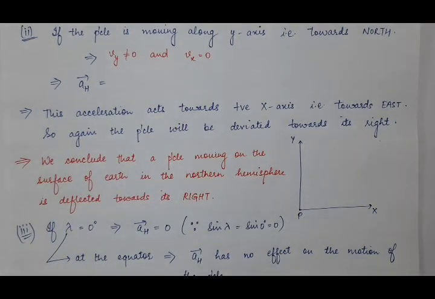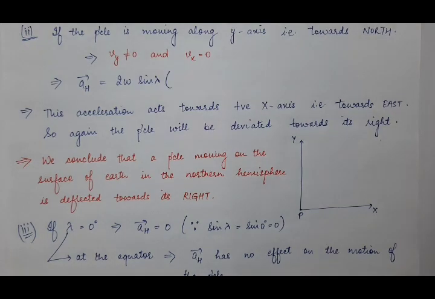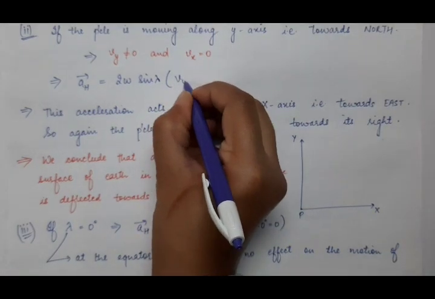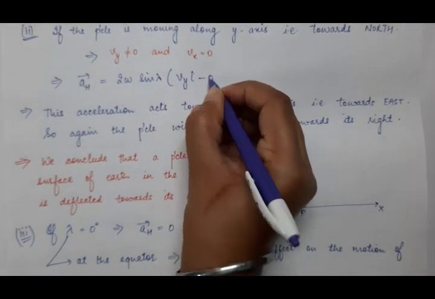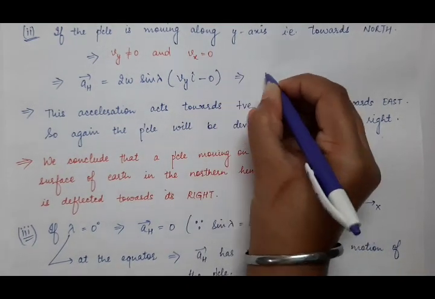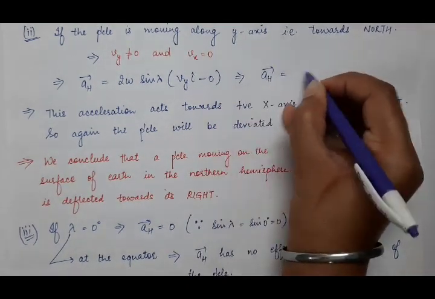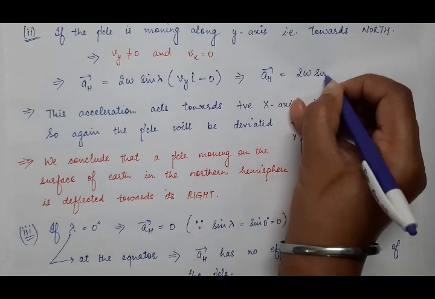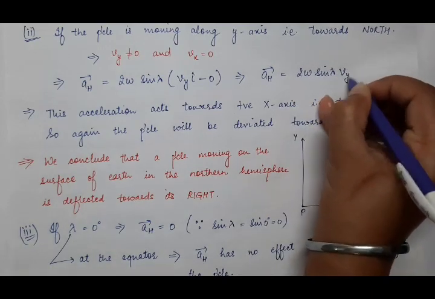So what will be the horizontal component of acceleration then? It will be Vy i minus Vx, which is 0. So the horizontal component of acceleration is 2 omega sine lambda Vy i cap.